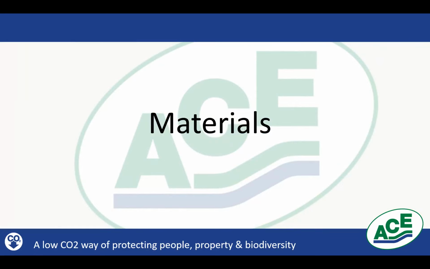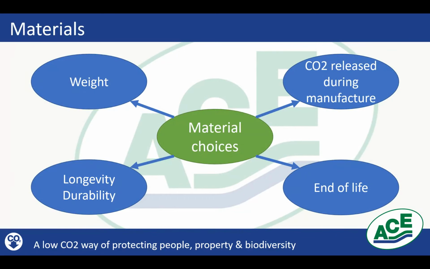So one of the really big things that can help reduce CO2 is choosing the materials wisely, making material choices that enable you to reduce the amount of CO2 that we're releasing. So large considerations of your material choice when you're looking at it from a sustainability point of view is weight. The less it weighs, the less transport costs you have. The less it weighs, the smaller your lifting equipment can be.